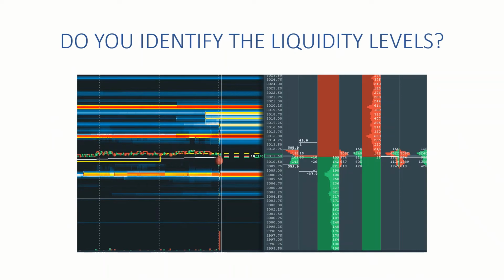Okay, so for example, we're also gonna go through a live example, not only slides, and I'm gonna explain exactly how to see what I'm talking about. As you see in this picture, you can see the strong liquidity levels over here in these red lines, around 3015 and 3020 for ES, and here below at 3008.25.